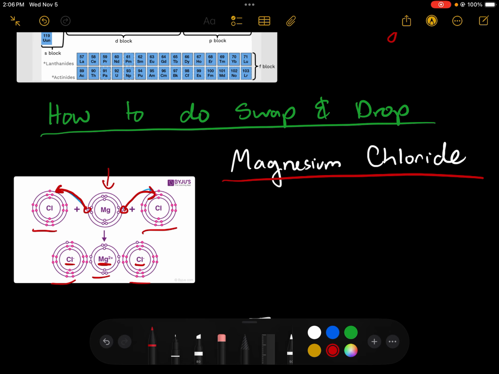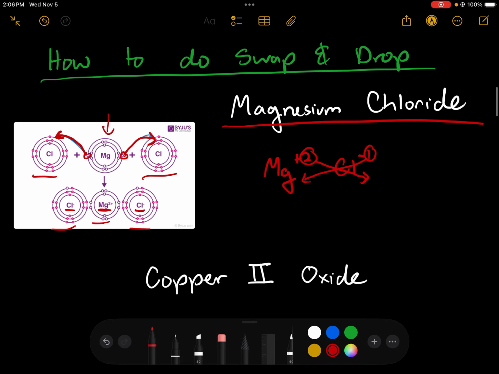To do the shortcut, you just need the chemical symbol and the charge. We already agreed that magnesium was in group 2 having a +2 charge, and chlorine was in group 17 having a -1 charge. You just take the numbers, switch them, and drop them down as subscripts. So you end up with Mg having a 1 and Cl having a 2.